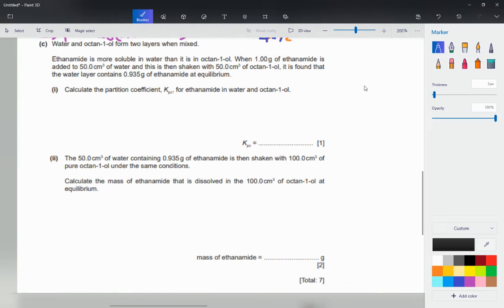When 1 gram of ethanamide is added to 50.0 centimeters cubed of water, it just happens to be 50 grams anyway, and this is then shaken with 50 centimeters cubed of octan-1-ol. It is found that the water layer contains 0.935. That's a lot of information. Okay, so why not do a quick sketch of what is going on?